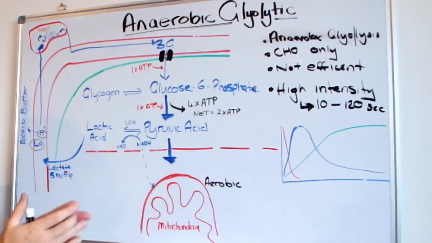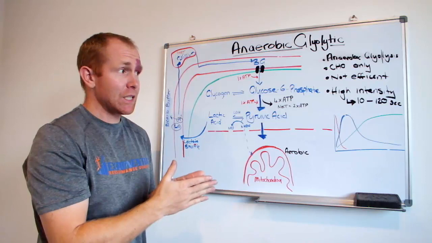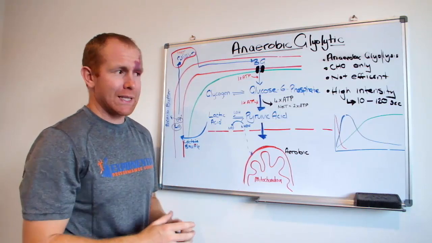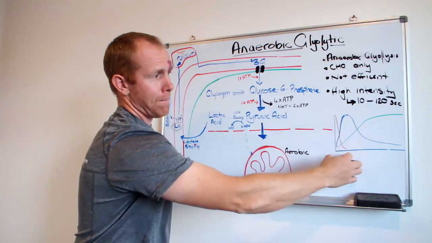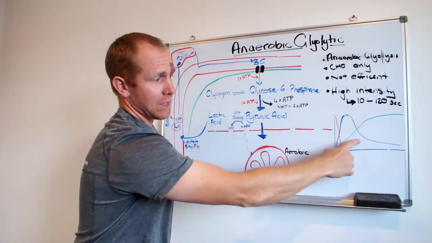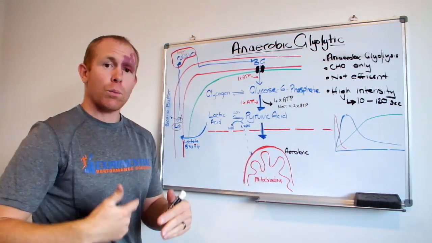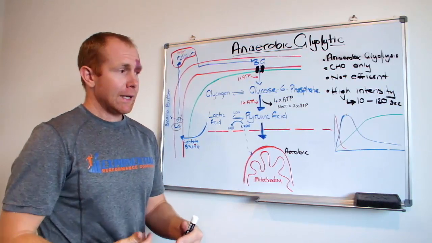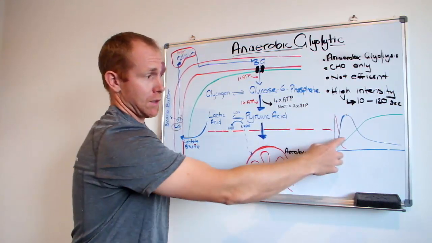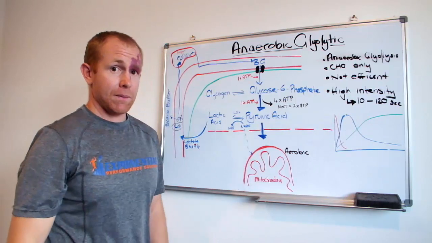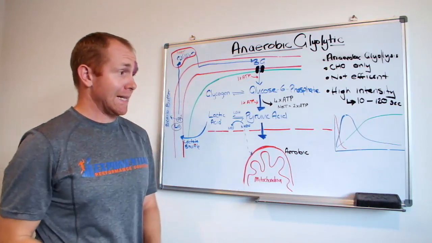About 10 seconds, so the end of the ATP PCR energy system, to about 120 seconds, which is where this is sort of maximally engaged. As you can see, this line drops down and keeps going for a long period of time as a little bit of an underlying energy production to support the aerobic energy system there in the green, and we'll talk about that in the next video.